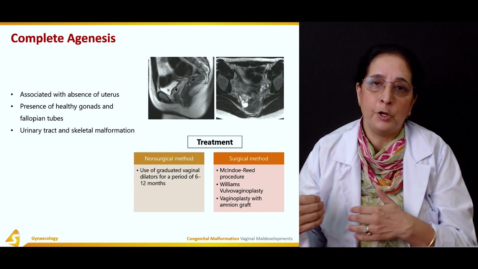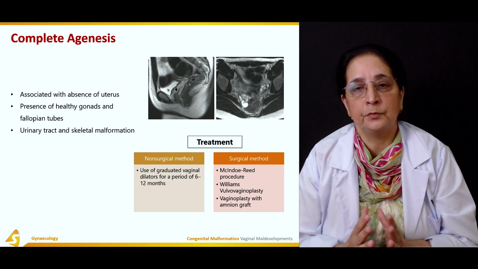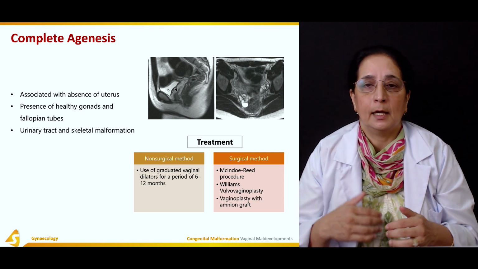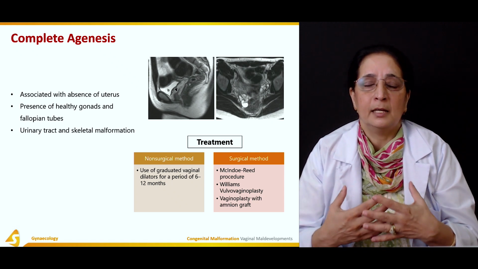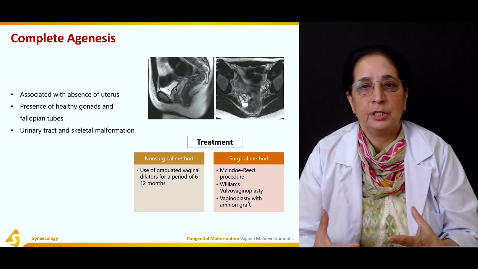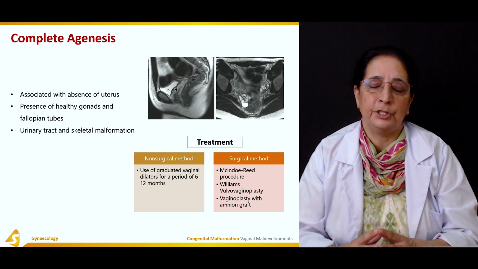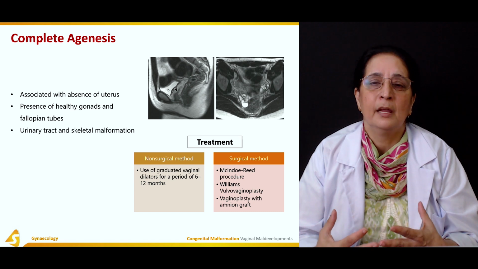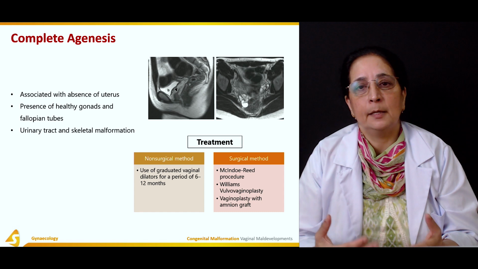Treatment can be by non-surgical methods in which dilators are used for 6 to 12 months. It's not a very comfortable procedure. The outcome depends on the compliance of the patient, because patients are not comfortable with this procedure, so they keep missing the appointments.